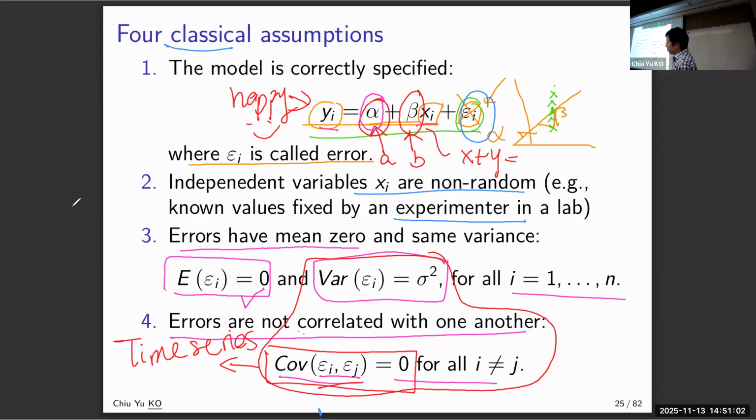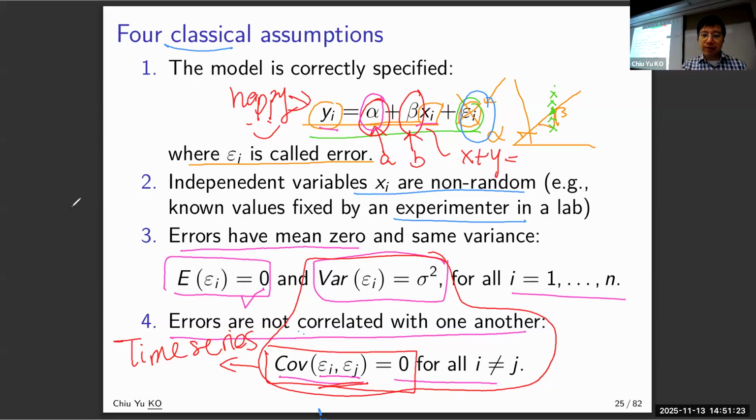But I can run this regression, but this error may not be independent within your class, right? Because the error term can be like temperature or the weather, which is affecting everyone at the same time.